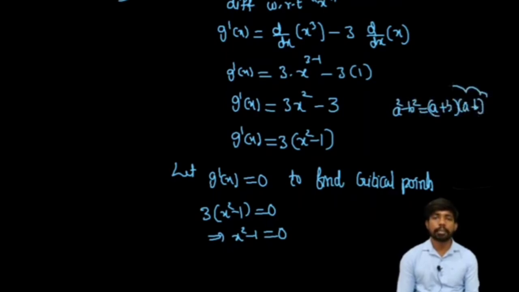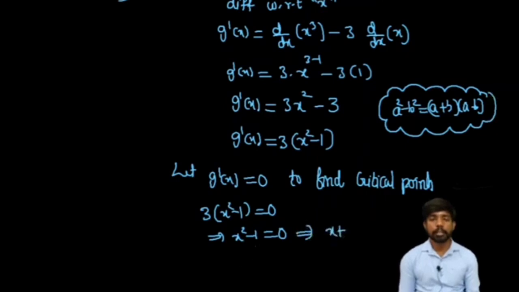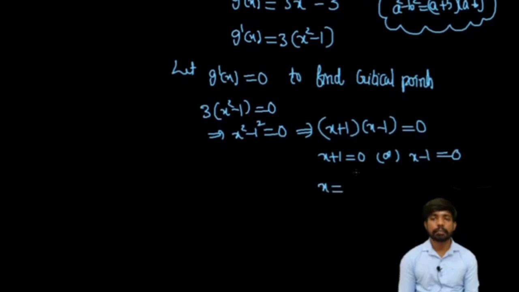So here x square minus 1 can be written as x square minus 1 square, and the formula gives x plus 1 equal to 0 or x minus 1 equal to 0. Values are x is equal to minus 1 or x is equal to plus 1.